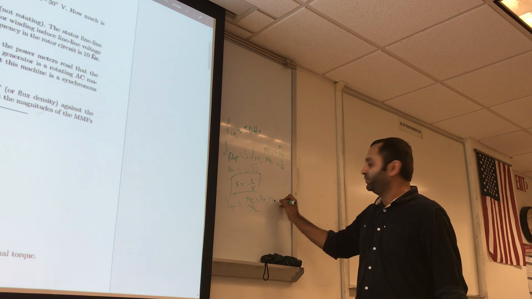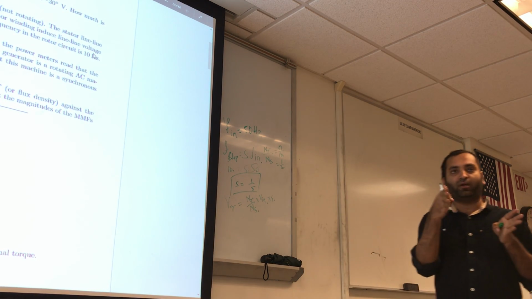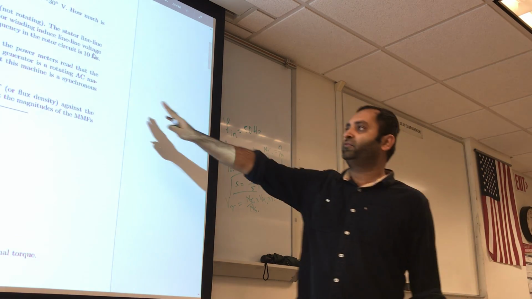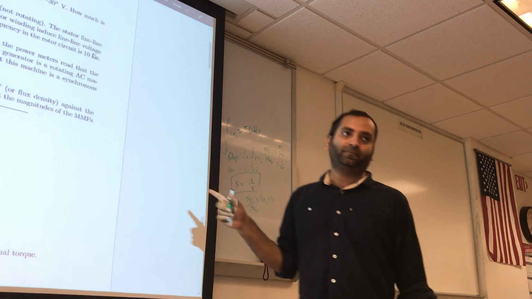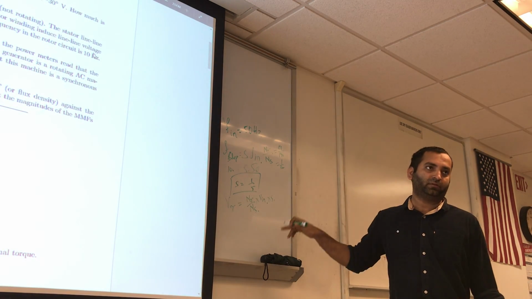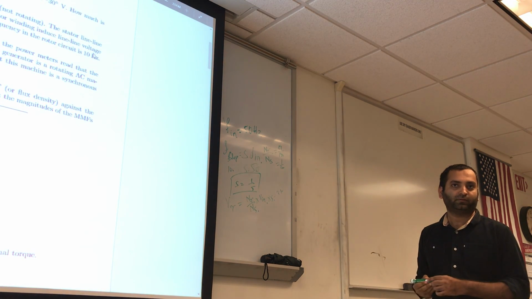Times slip. Whatever you use in transformers, you just use the transformation ratio. The only difference is in an induction motor you use slip. So you multiply the slip here, and that will be the answer. You should get 3.8 for this.